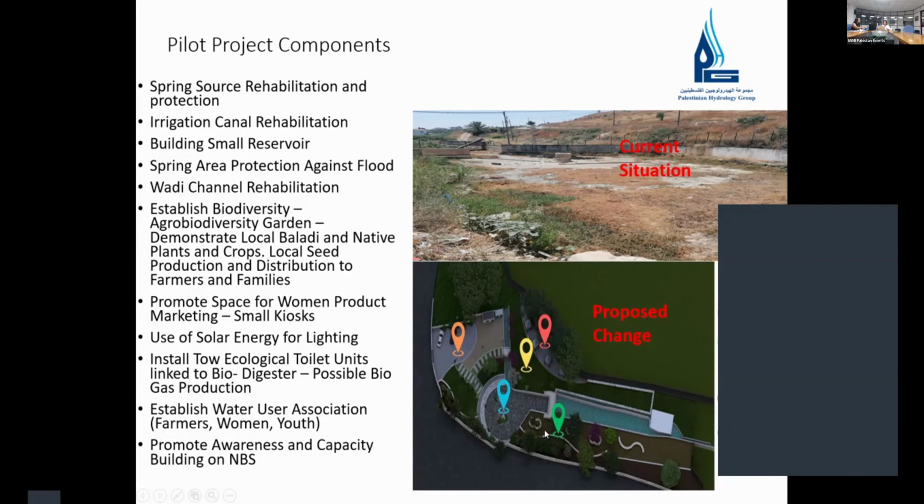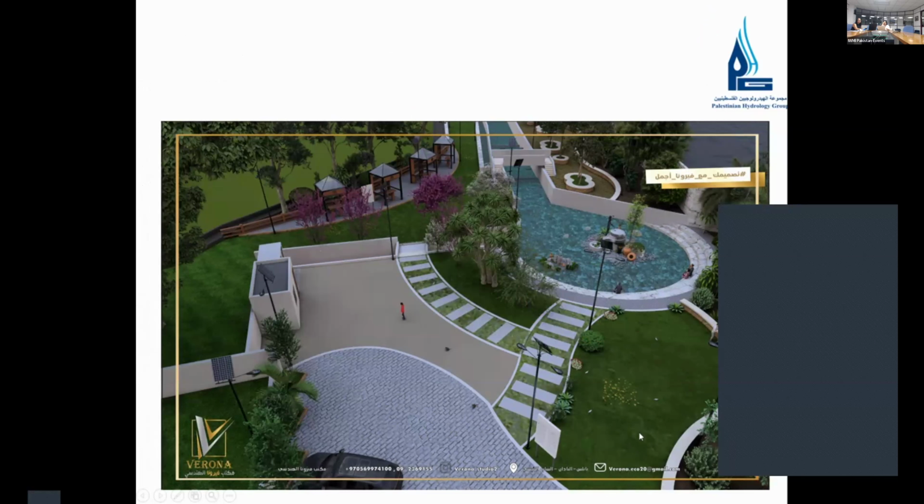In the meantime, we are promoting awareness among the public in order to save it, and also building the capacity of the local council as well as the water user association in order to preserve this area. So this is what we are proposing. This is how the area will look after our project, and we hope it will be managed well so that it will continue and maintain the spring flow.